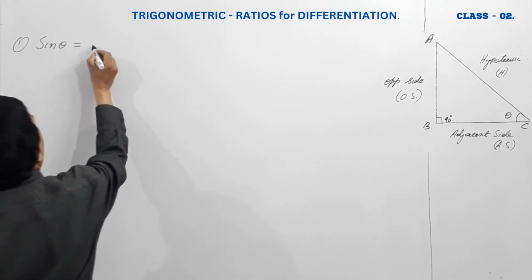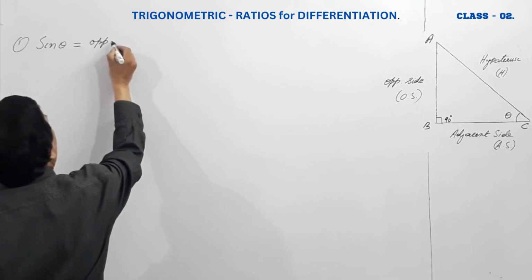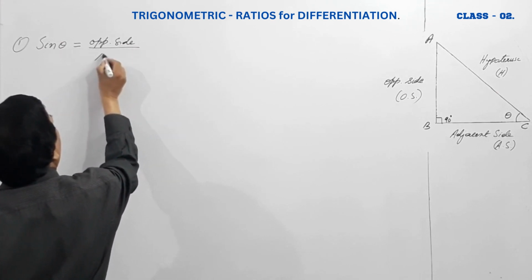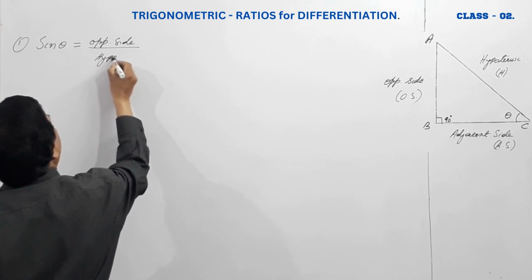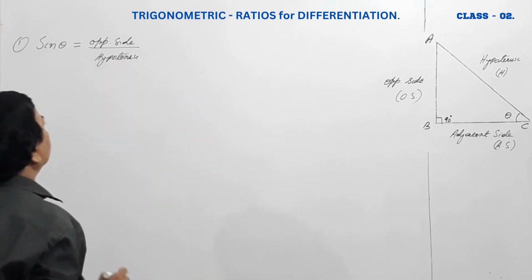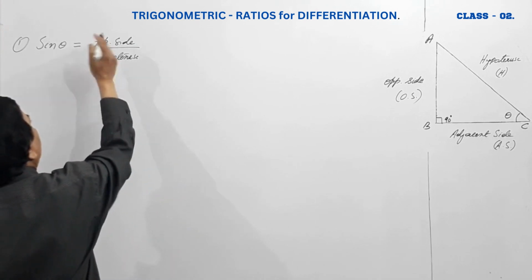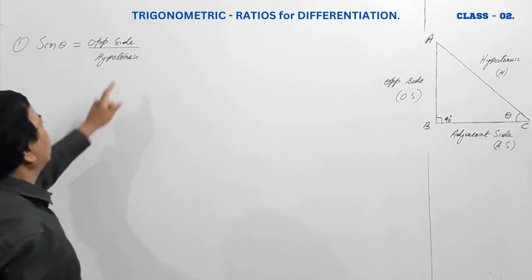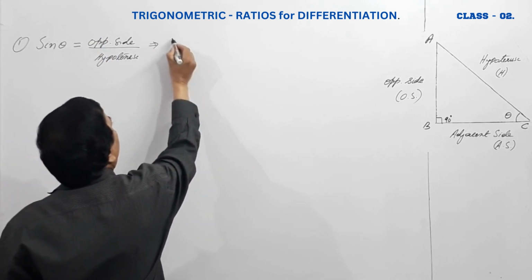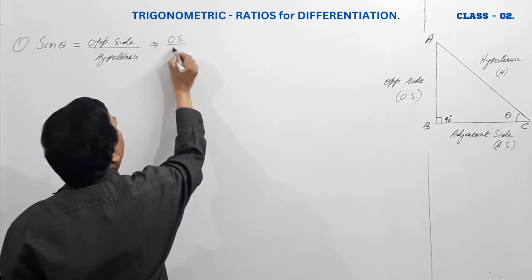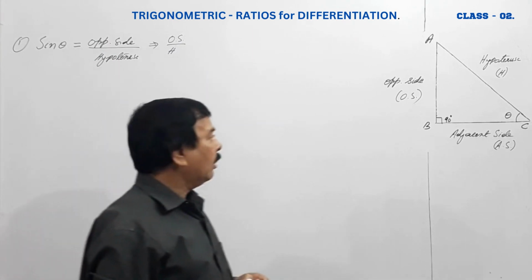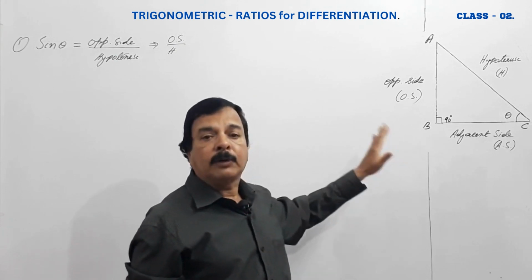Sine theta is nothing but the opposite side by hypotenuse. So now we have come to know what sine theta is.